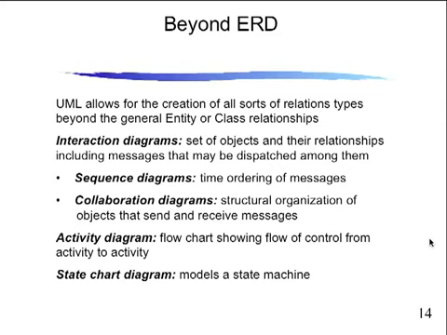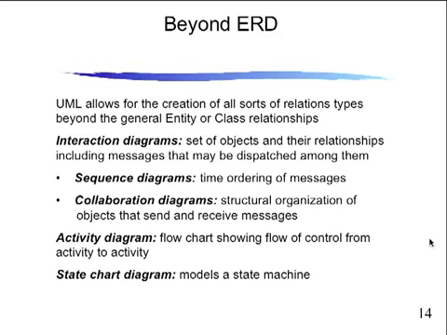An interaction diagram is a set of objects and relationships, including the messages that are dispatched among them that go back and forth in terms of the interaction. Interactions could be sequence or collaboration. Sequence shows the time ordering of the messages. The collaboration might show which objects are sending and receiving, which objects are working together on something.